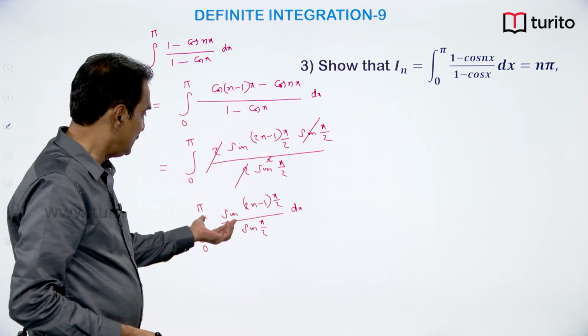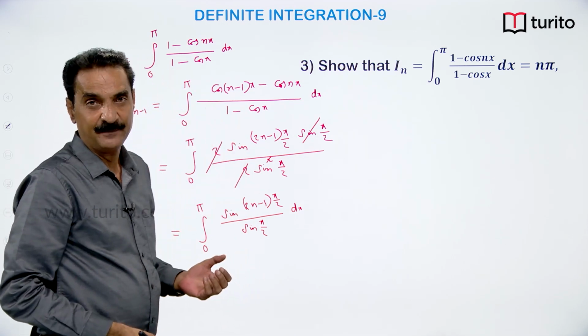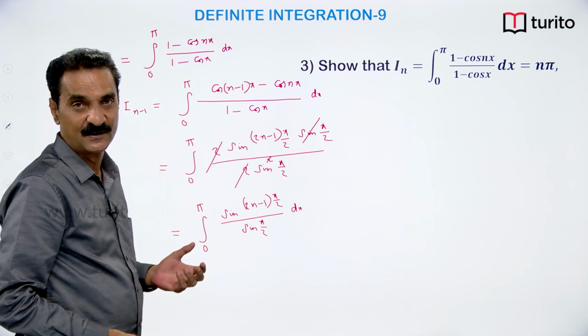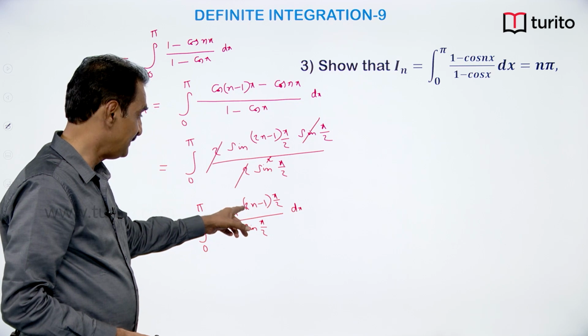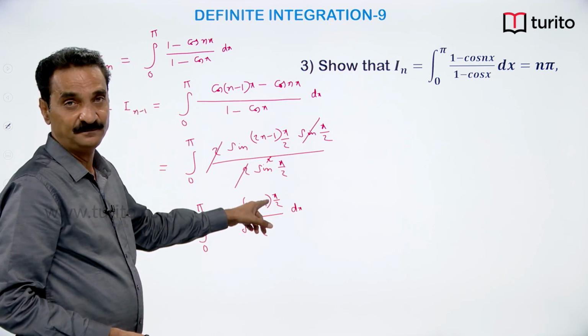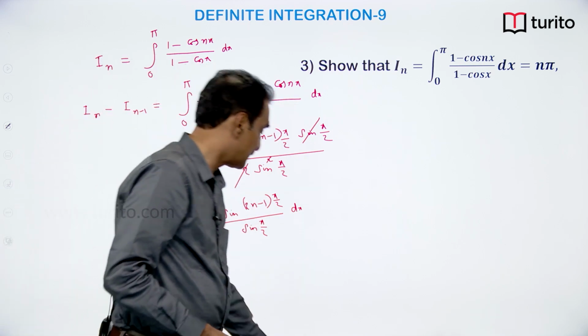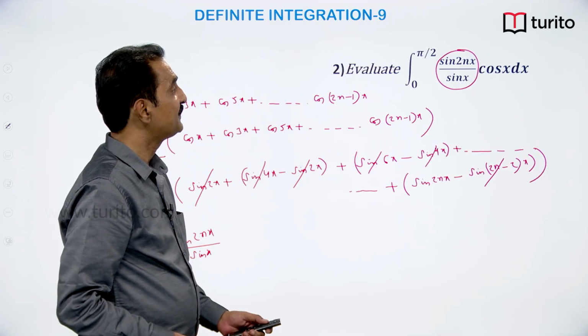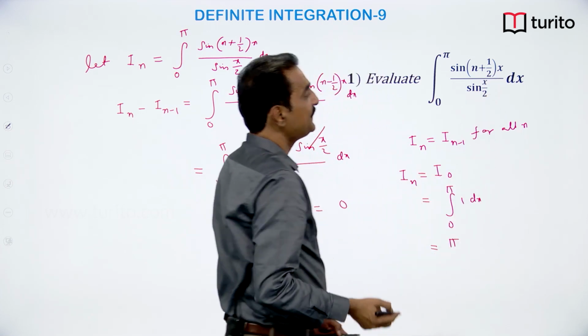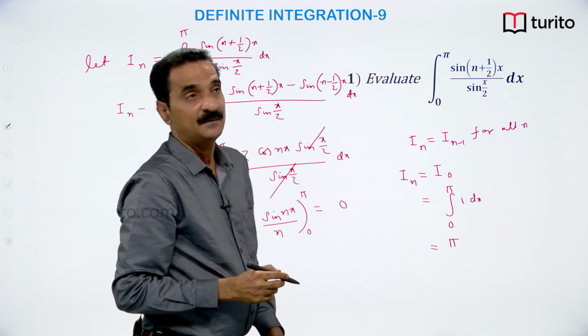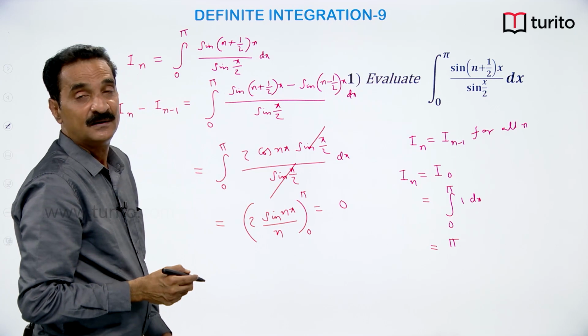And this is in the form of today's first question. Taking half inside, sin of (n minus half) into x, and see the first question, sin of (n plus half) into x divided by sin x by 2.